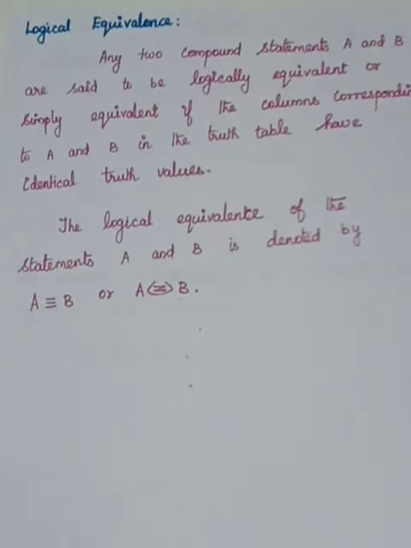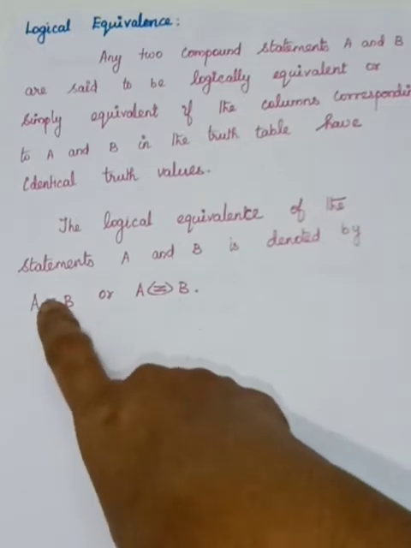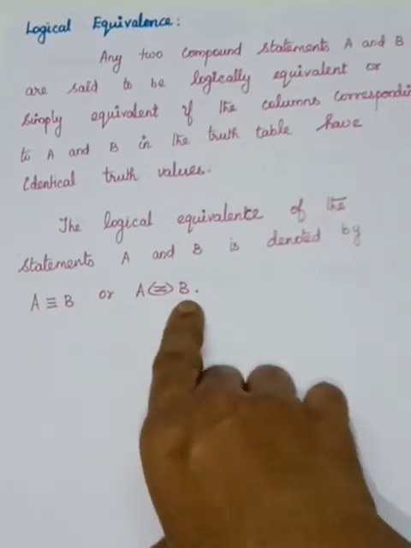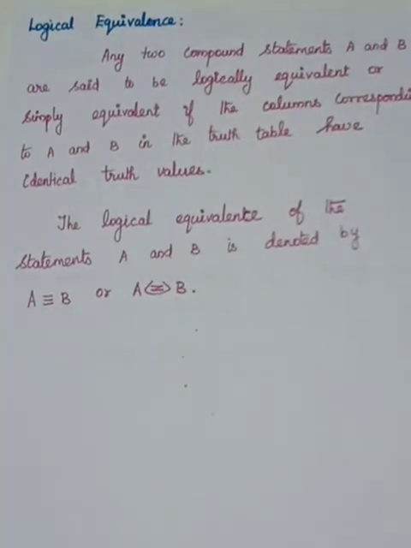So if you want to say the compound statements A and B are logically equivalent, you have to see that the columns corresponding to A and to B have the same truth values. So the truth values are identical, and the statements are said to be logically equivalent. You can denote A is logically equal to B. Three lines in between, or otherwise this symbol is used to denote the logical equivalence.